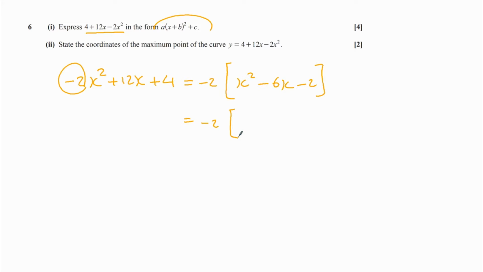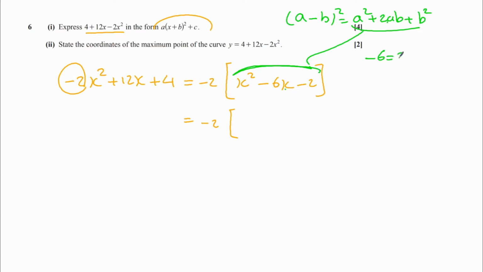So when I am looking at completing the square, which uses basically (a minus b) squared equals a squared plus 2ab plus b squared. If I compare this to this in here, my a is x. So minus 6 would be equal to 2b.